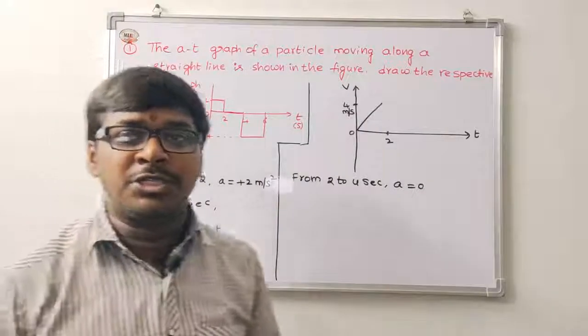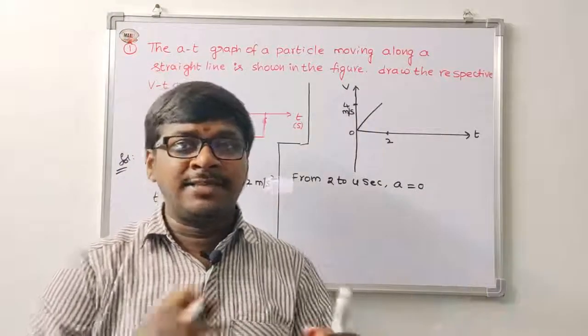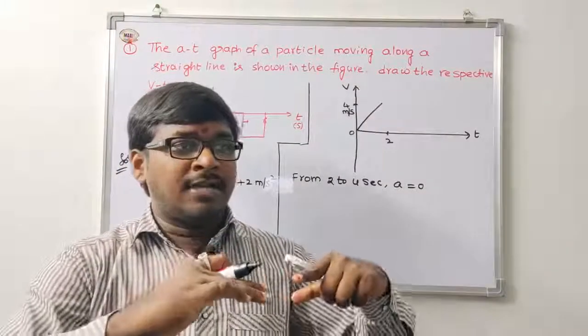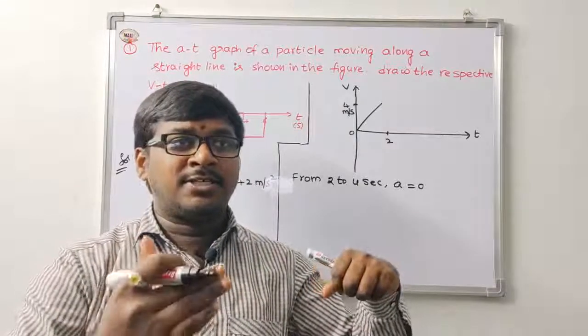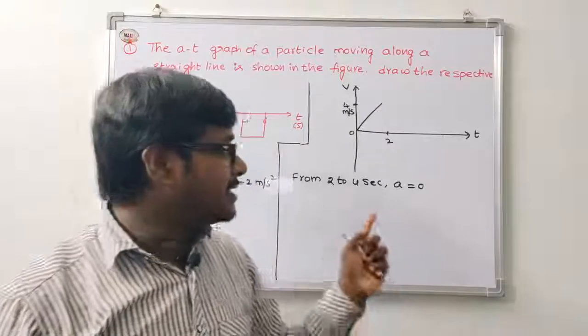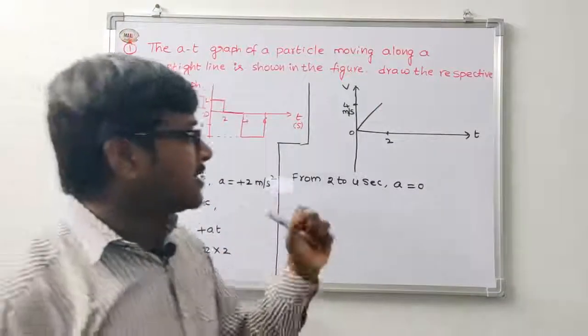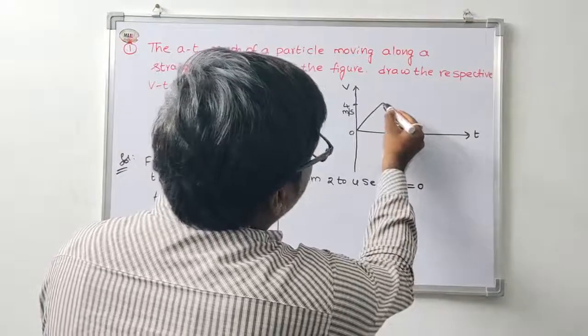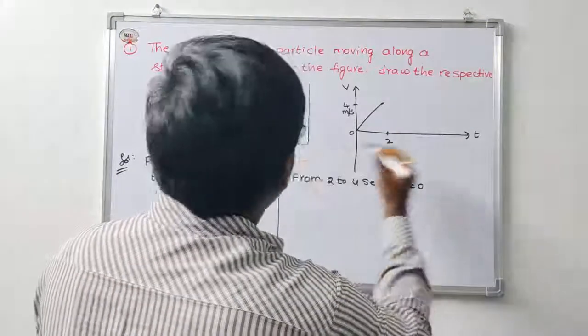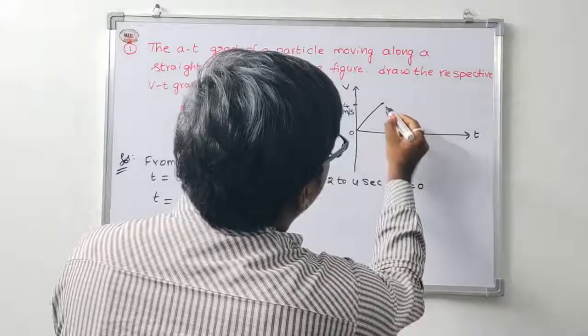Acceleration equal to 0 means if the VT graph is a straight line parallel to the time axis, it represents constant velocity, then the acceleration will be 0 from 2 to 4.